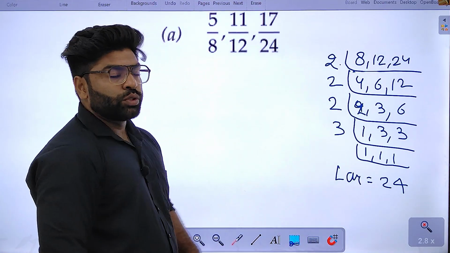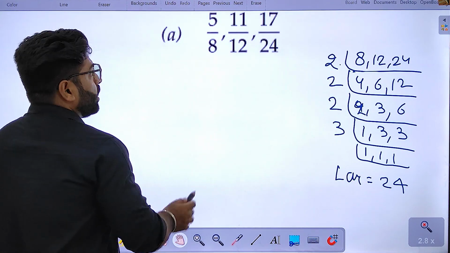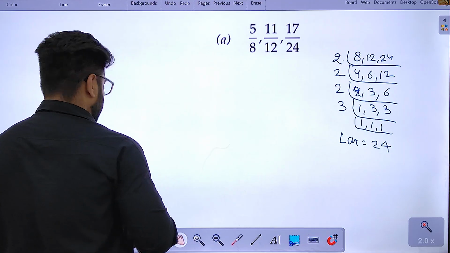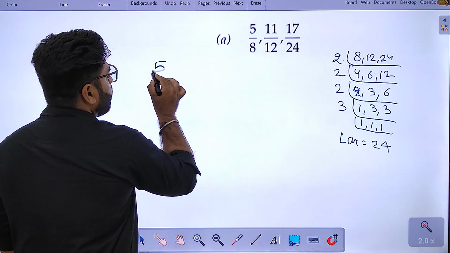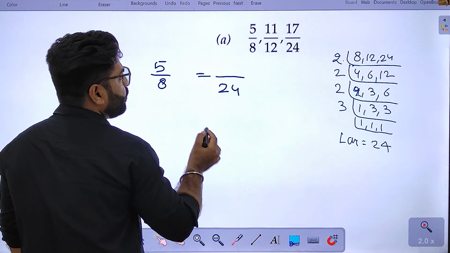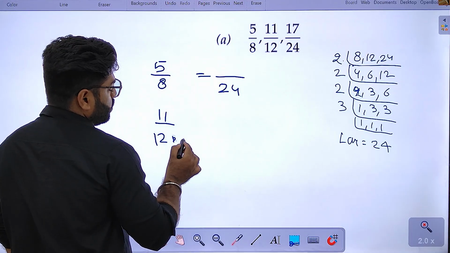So this is 2 fours are 8, 8 threes are 24. Okay, now here we are having some fractions. We have to make them into like fractions by taking LCM. So here we are having 5 by 8 and we have to change the denominator into 24. Then 11 by 12.